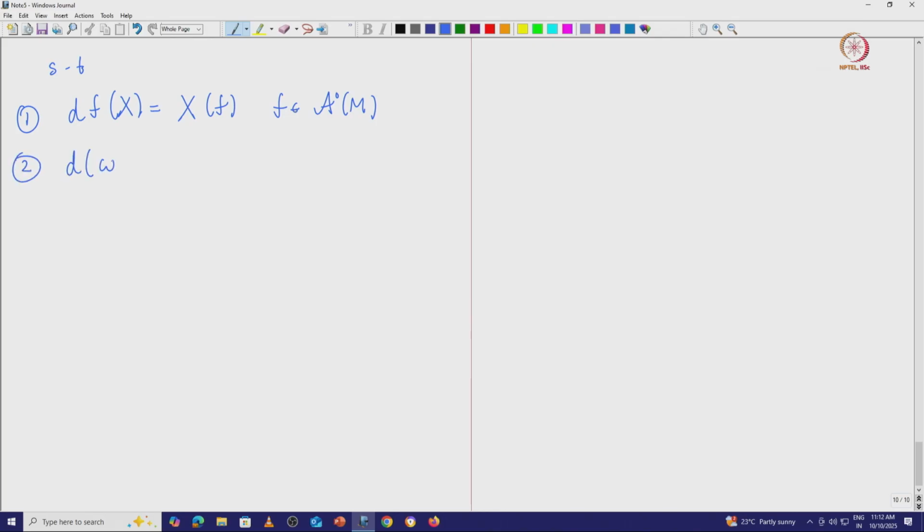Then if you take the wedge product of 2 forms, you have some sort of a Leibniz rule. So this is a Leibniz rule. Minus 1 to the degree of omega, omega wedge d eta, and finally you have that d squared is 0. So it turns out that all these 3 properties are enough to define a unique operator which is R linear. So it takes a form of degree k and gives you a form of degree k plus 1.